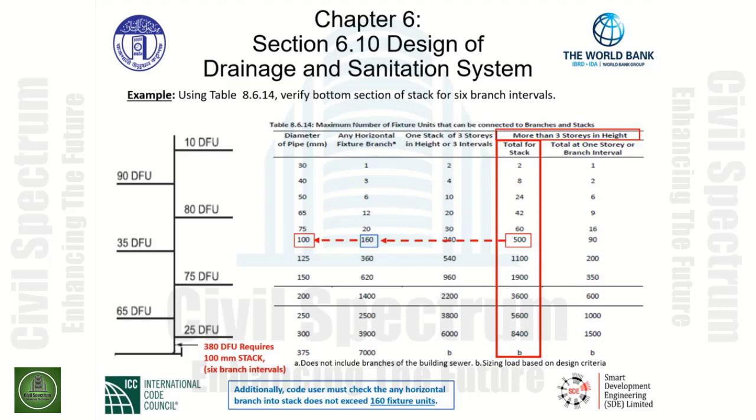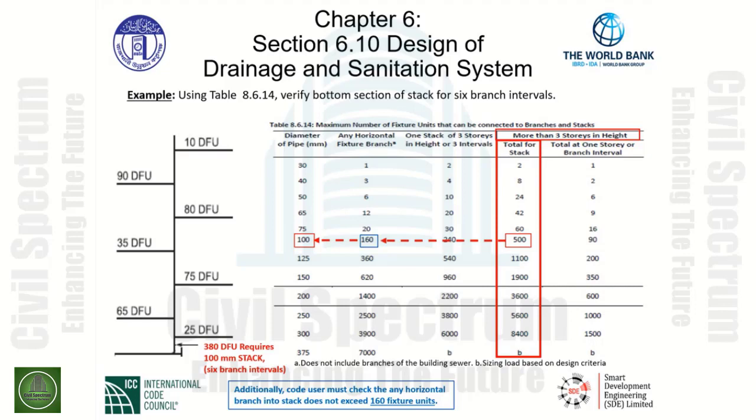We enter the table. In the 4th column, this is for more than 3 stories in height, total for the stack. We need to move down and intersect the drainage fixture unit value of 380 indicated in our drawing.